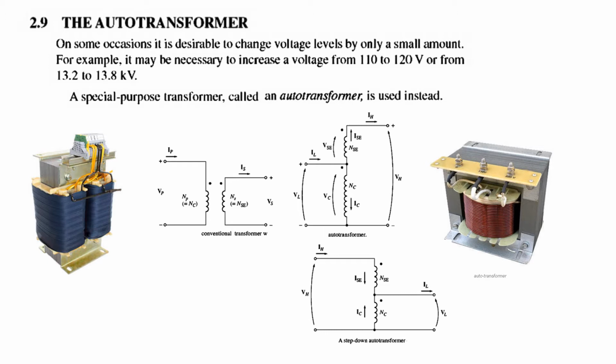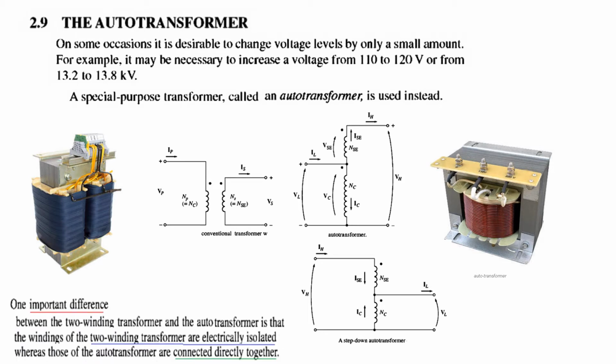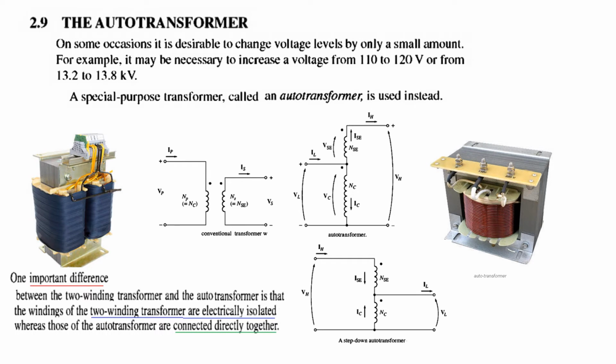And now this is a normal transformer with two windings, primary and secondary winding, and this is an autotransformer. One winding is wound over the other winding. Now, one important difference between the two winding transformer and the autotransformer is that the windings of a two winding transformer are electrically isolated.